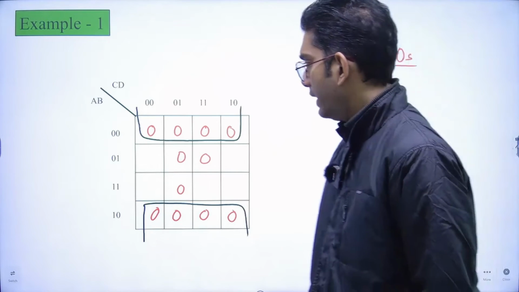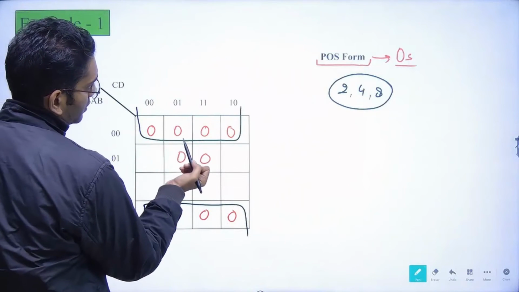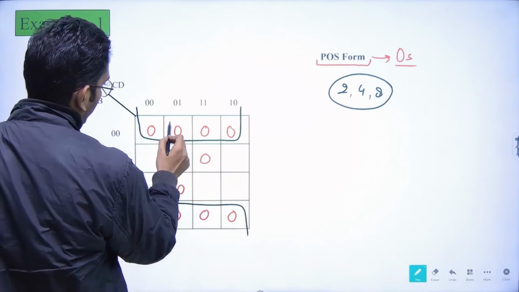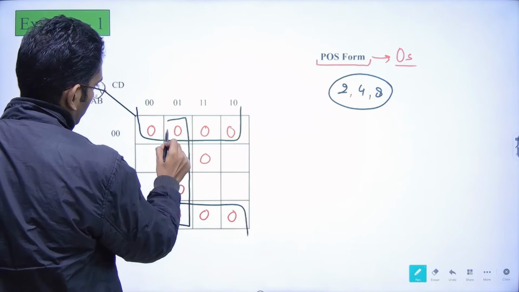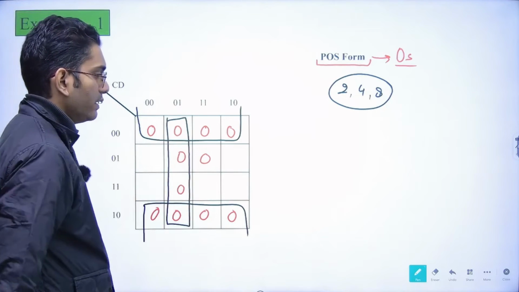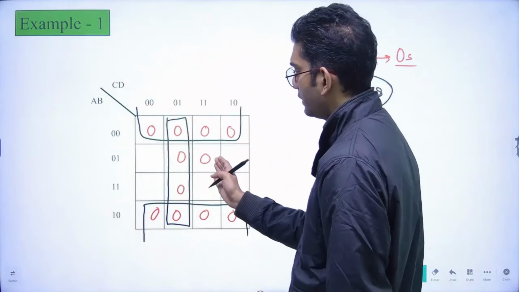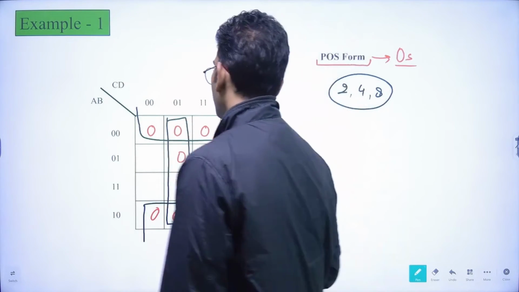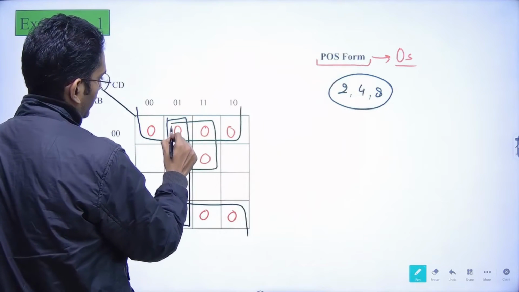Fine. Next, what can we make? Next, we can make the quad. Fine. It would be these fours. These 4 zeros would make the quad. Now this 0 is remaining. Fine. You would think that we can make a pair, but we can include it in the quad format.